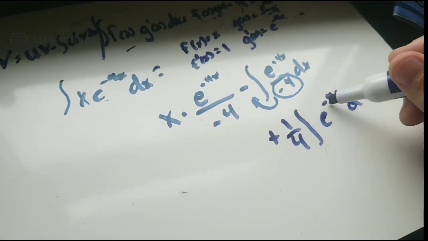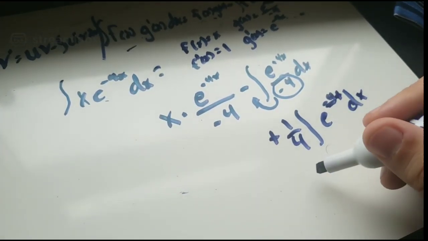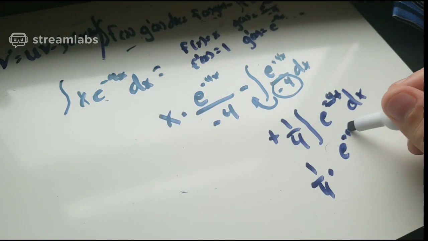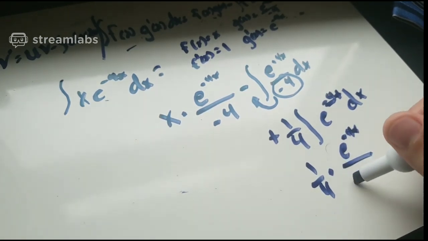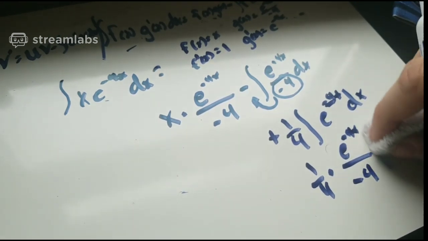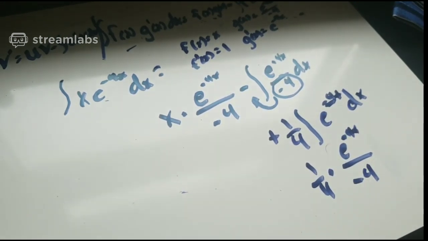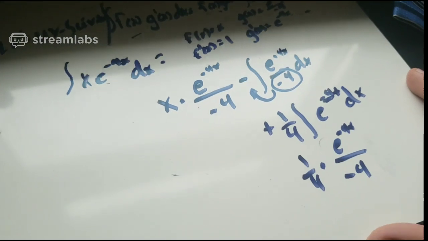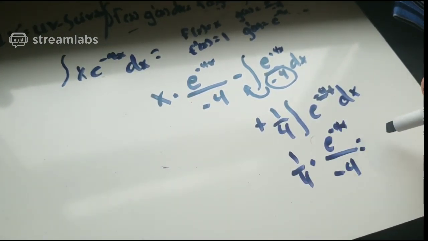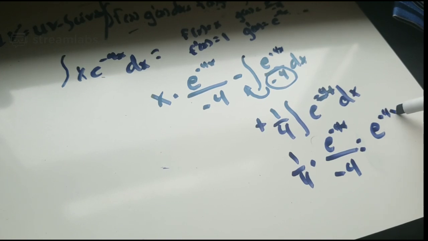If you don't remember, you take the k and divide it here. So it's 1/4 times the integral of this, which is e to the negative 4x over negative 4. Not dx anymore, because it's just been integrated. And then those two things multiplied here is going to become e to the negative 4x over negative 16.